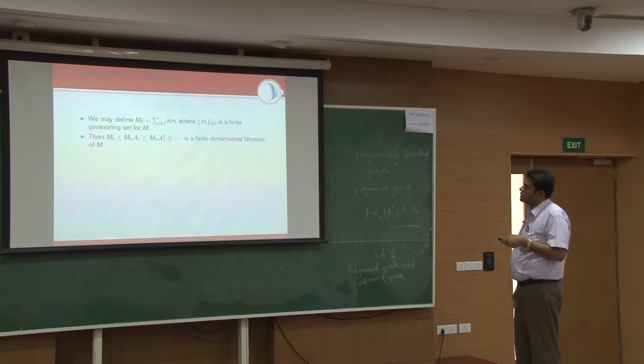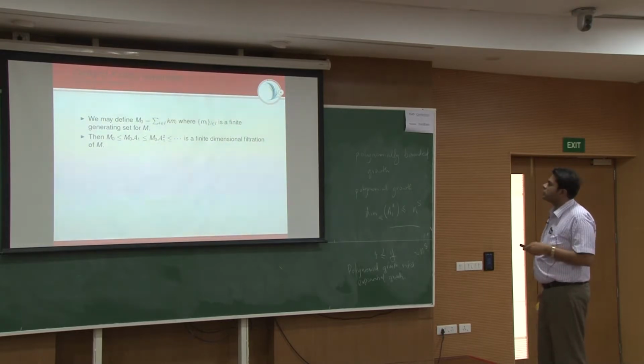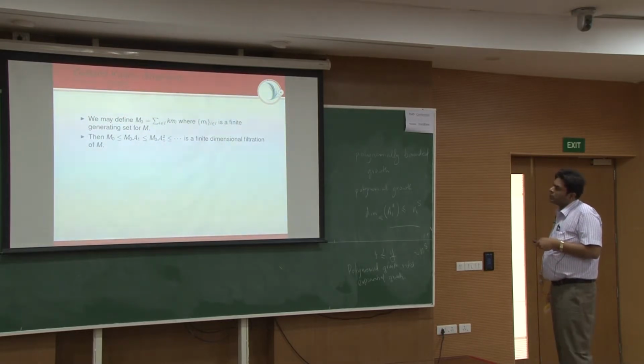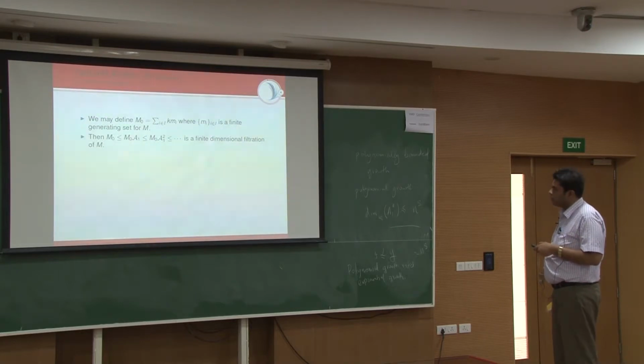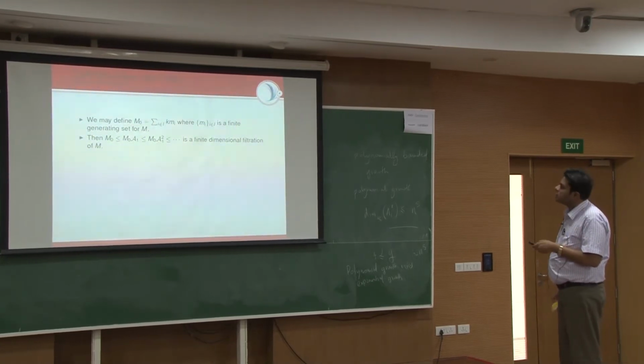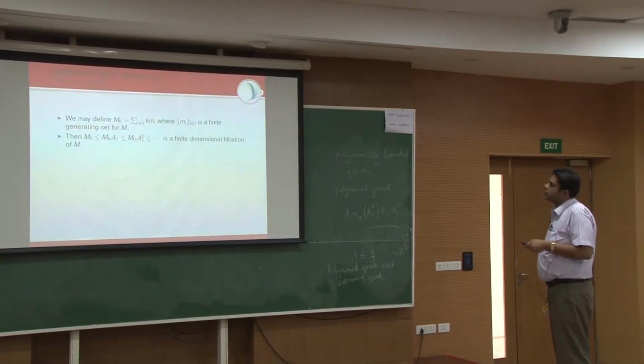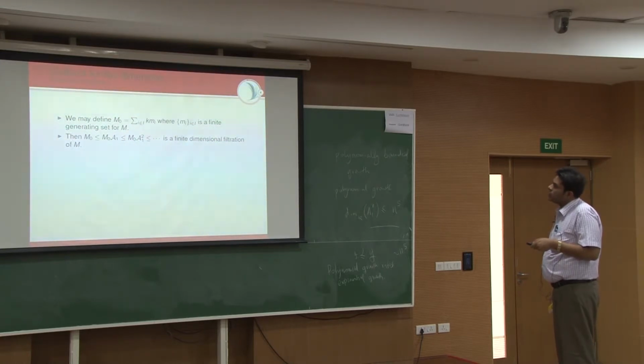We have to remember that the sequence of dimensions we get is very much dependent on the choice of generating set, but the asymptotic growth rate, which is what we call the GK dimension, doesn't depend upon such a choice. So I'm justified in assuming any generating set here.